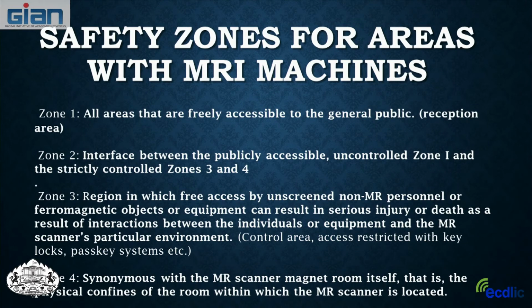Zone 4 is synonymous with the MR scanner room itself. So this is the room in which the MR scanner is confined, and this is the room that is shielded. Now, zones are marked from the bore of the magnet, where the magnetic field starts to drop, so that you have these lines that indicate where the field is less and less when you go away from the magnet.